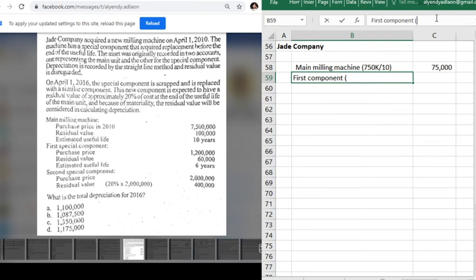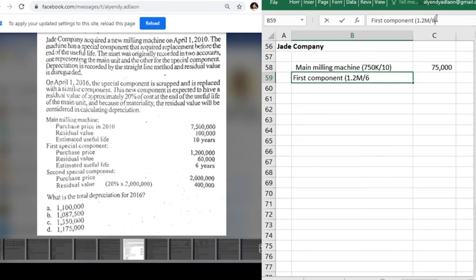So, for the first special component, the purchase price is 1,200,000 and then simply divide it by 6 years. But take note, class, that on April 1, 2016, this special component was already scrapped and replaced by a new one. So the depreciation for 2016 of the first component is not for the whole year, because it was disposed on April 1, 2016.